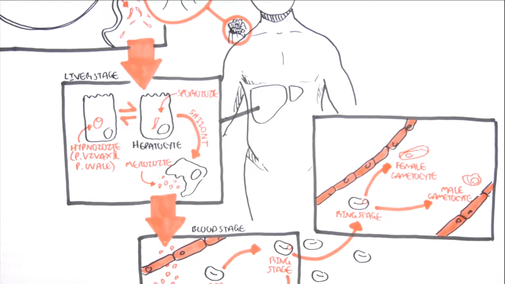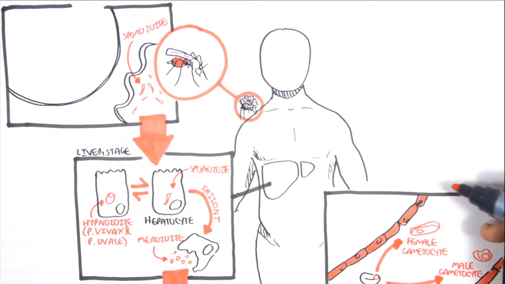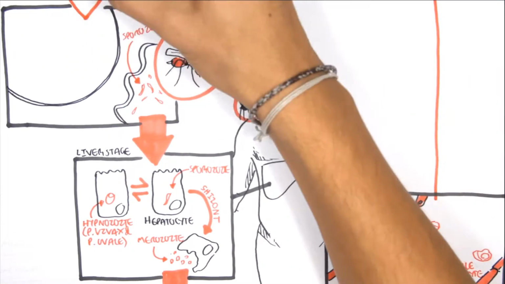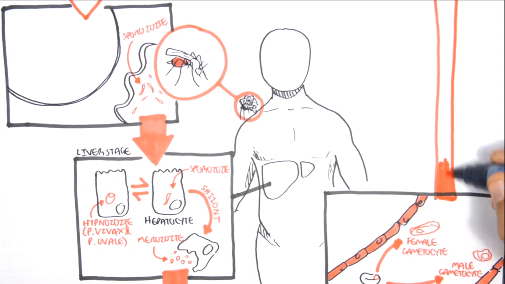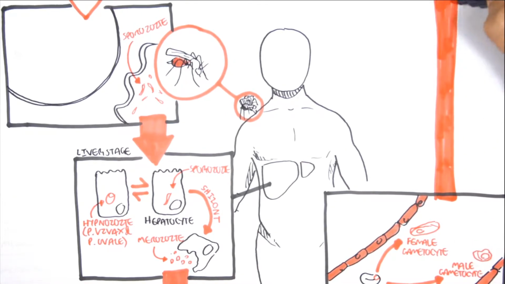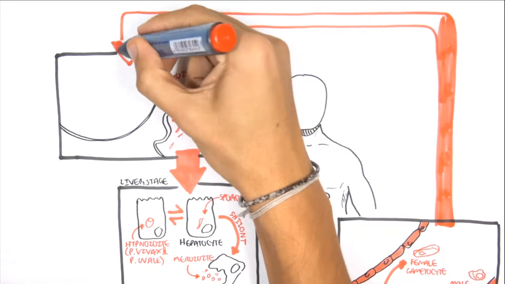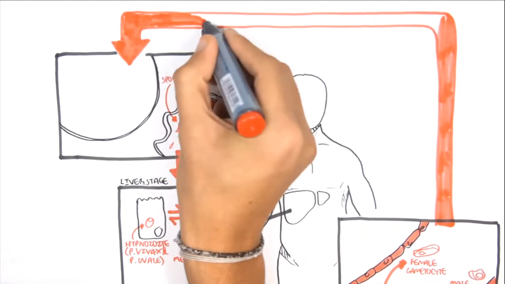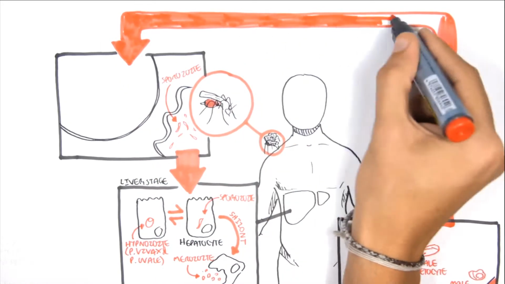When a new uninfected Anopheles mosquito comes along for feeding, it can take in these gametocytes. The gametocytes will enter the mosquito's stomach. The Anopheles mosquito is now infected with the parasite.